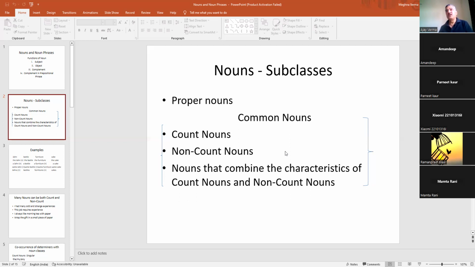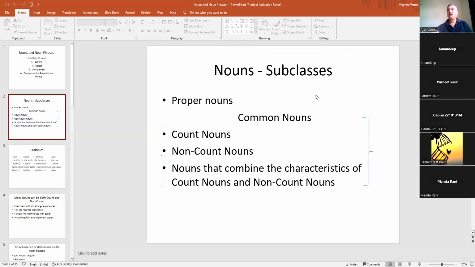These nouns are generally not used in a countable way. By which I mean that we cannot say one furniture, one sky, three skies, or two grounds. So these are generally used in a non-count manner.